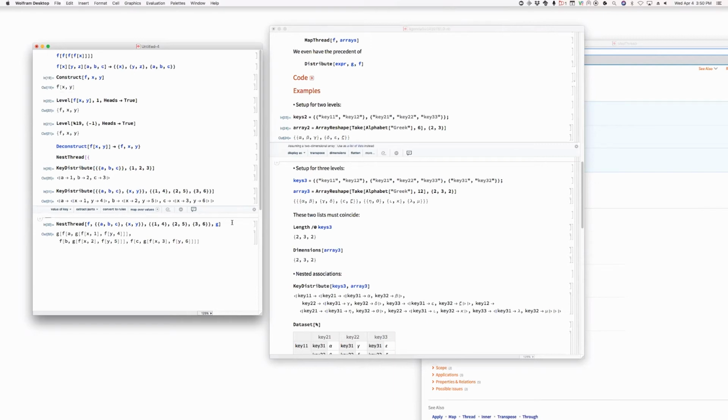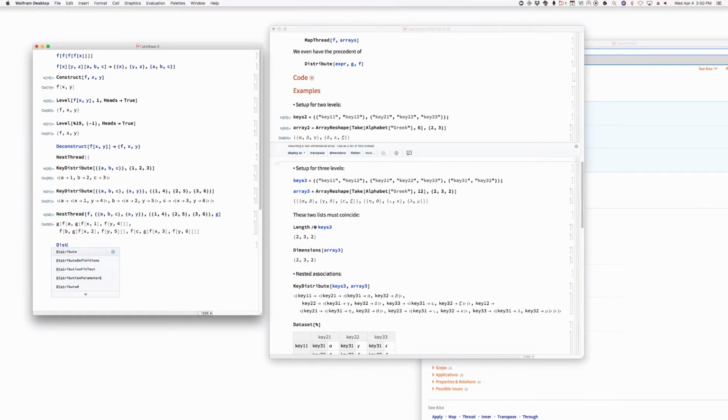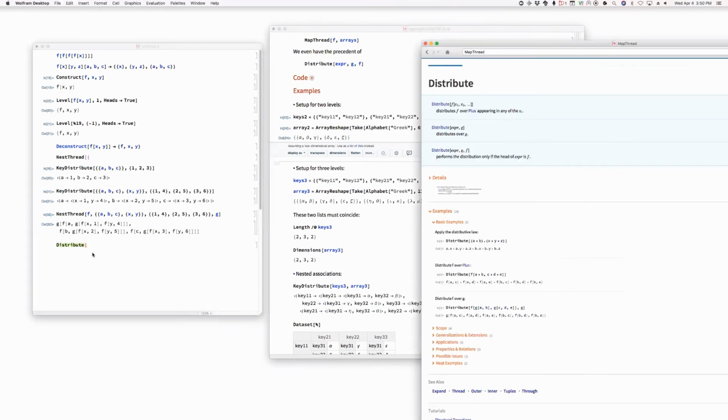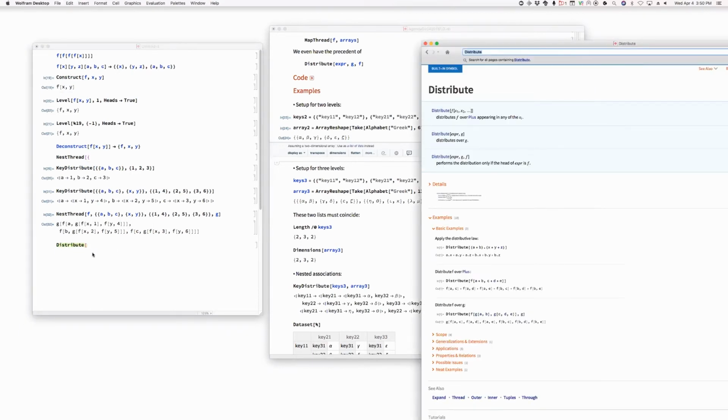Yes, we have, for example, distribute, in which, because we put the f and g functions at the end, you are not forced to write them. Right, like you are in map or map thread. I think it makes more sense to put them at the end.